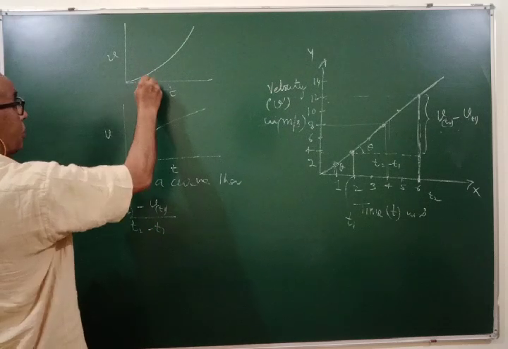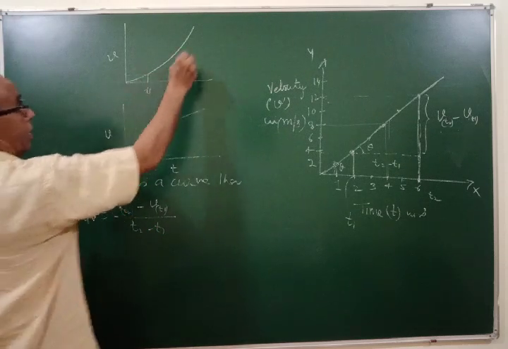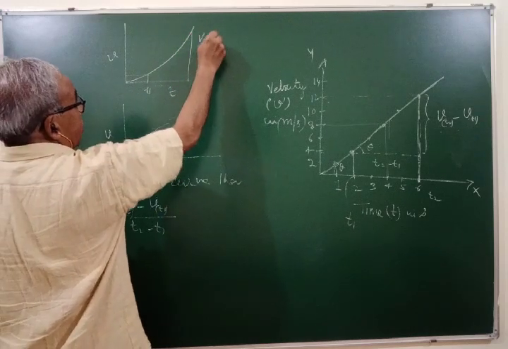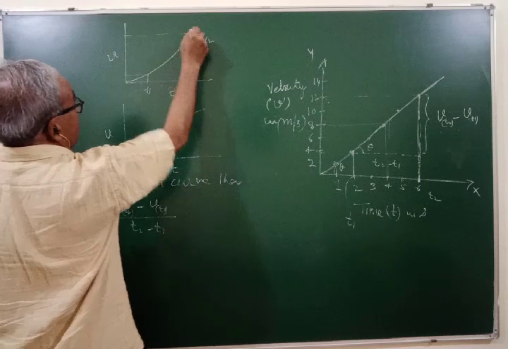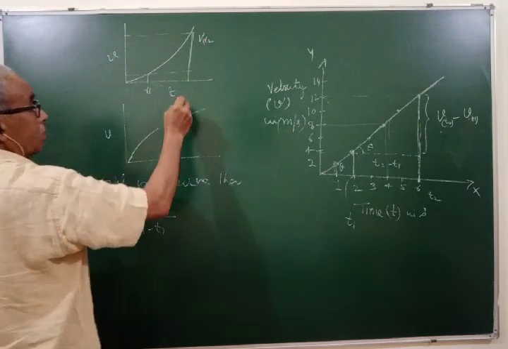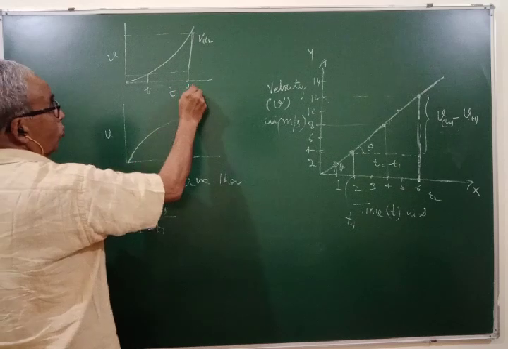You take T1 here, this is Vt1, you take T2 here, this is Vt2, this value is Vt2. So it is again Vt2 minus Vt1 upon T2 minus T1.